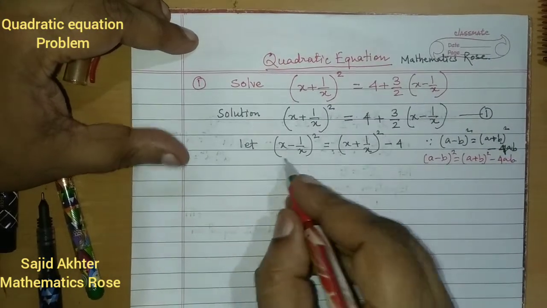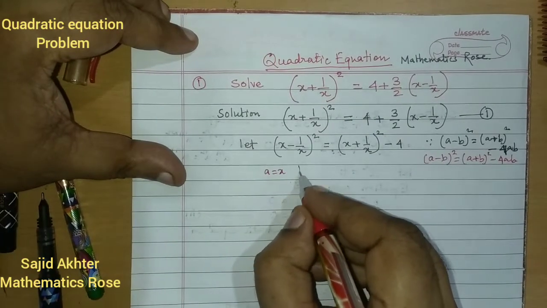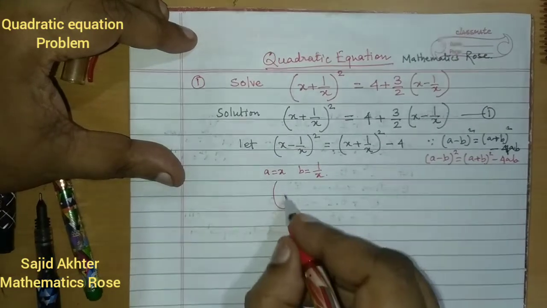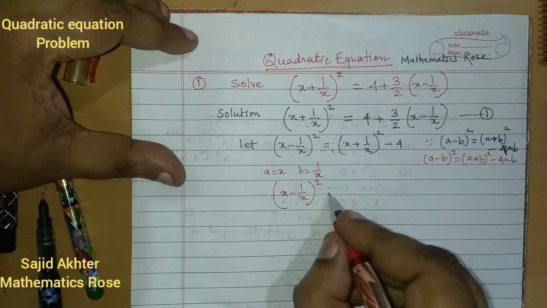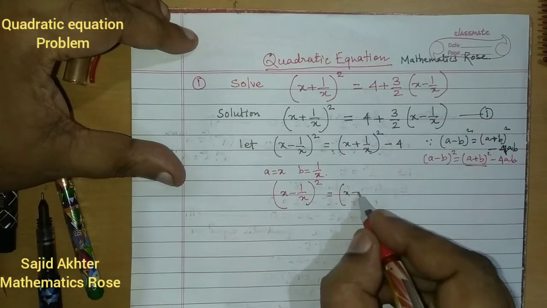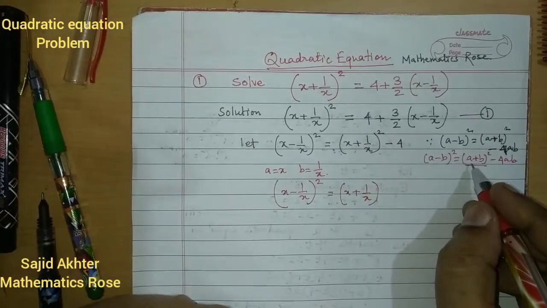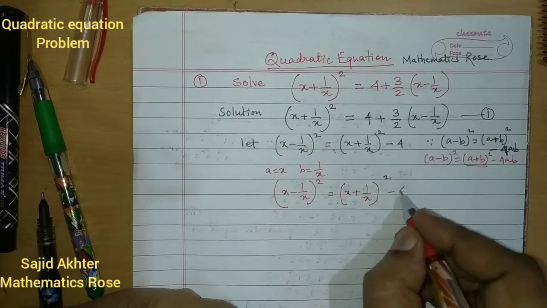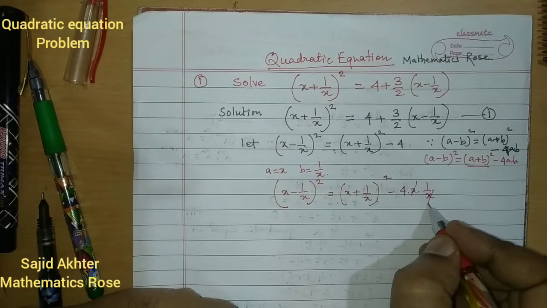Suppose I take a is equal to x and b is equal to 1 by x. So what will come? See, (x minus 1 by x) whole square is equal to, in place of a you will put x, in place of b you will put 1 by x: (x plus 1 by x) whole square minus 4 into x into 1 by x. So x will cancel.